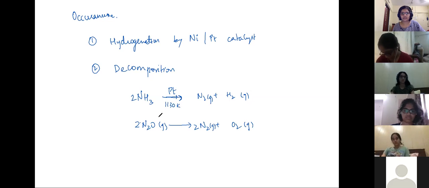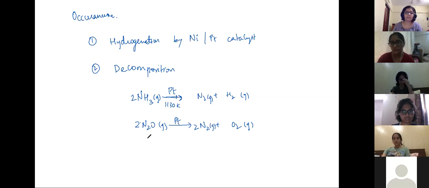Gaseous state. So this also occurs only on a certain catalyst. This also happens on platinum catalyst. And then you've got another one, decomposition of HI gas, hydrogen iodide, on gold surface.